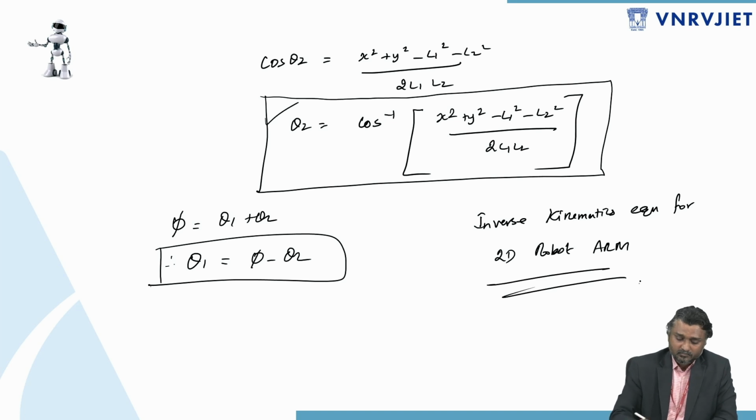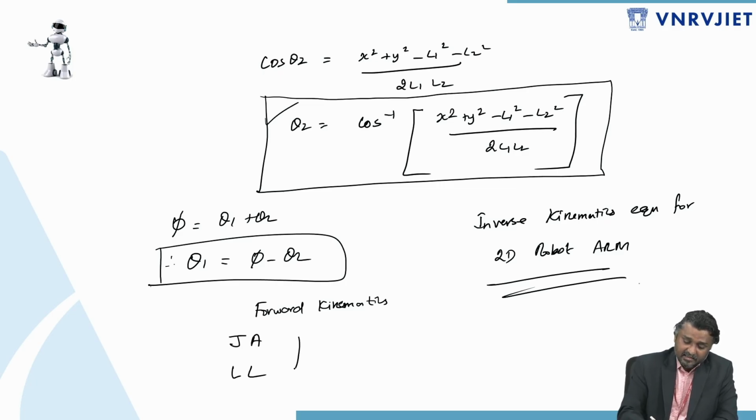Okay, so again I'll just recall the previous one. What is forward kinematics? Forward kinematics means, based on the joint angles and link lengths, you have to identify the end effector position.